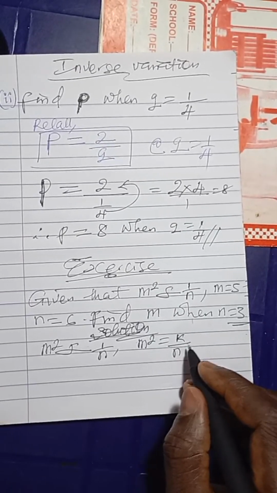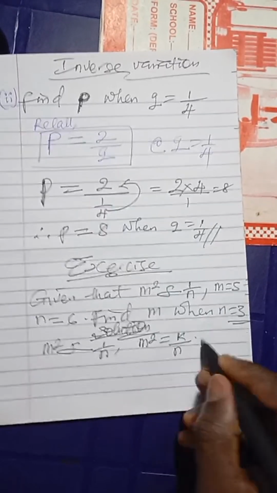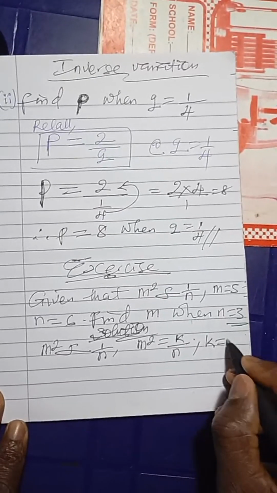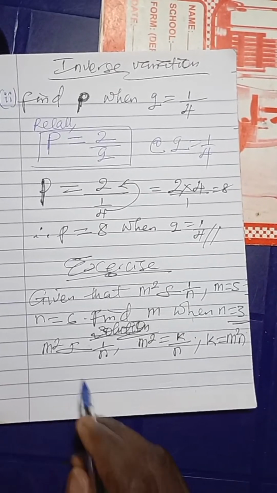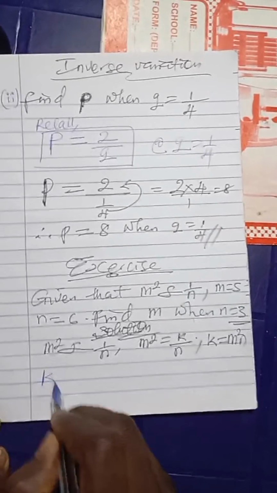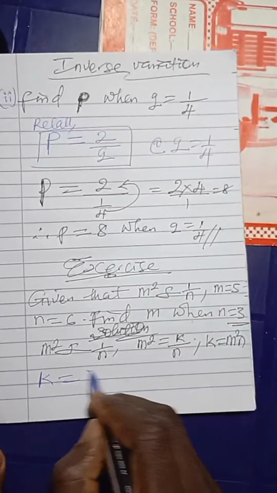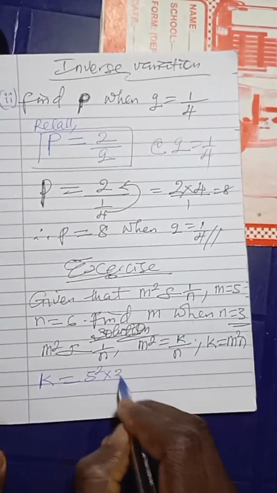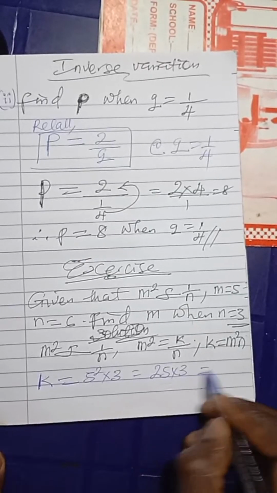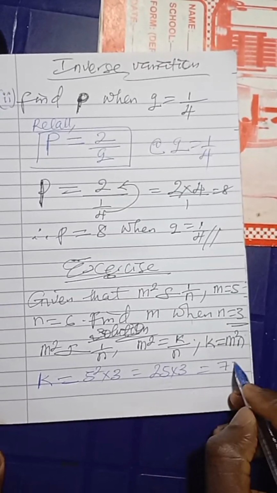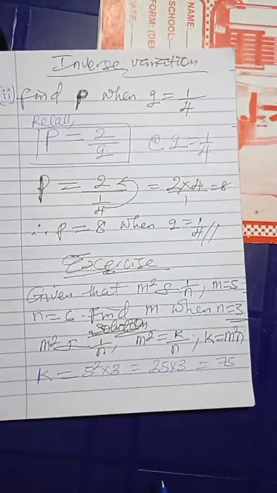M squared is K over N. So that K will be M squared multiplied by N. Now K is, our M is 5 raised to power 2 multiplied by 3. So you have 25 times 3. So you have your K at 75.